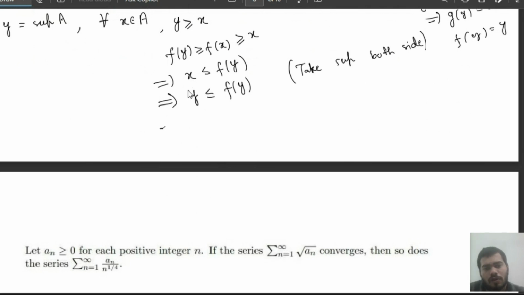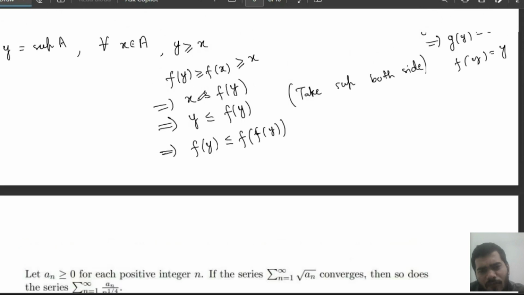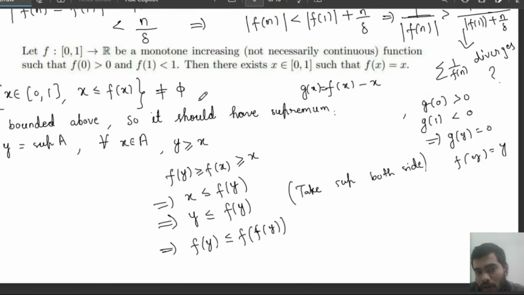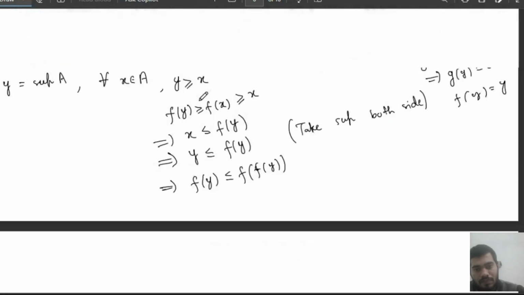Now since f is monotonic, I can apply f again. Is it fine? Yes, sir. Now, if f(bi) follows the property that f(bi) is less than or equal to f(f(bi)), then isn't it that f(bi) belongs to A by the definition of A? Yes, sir.